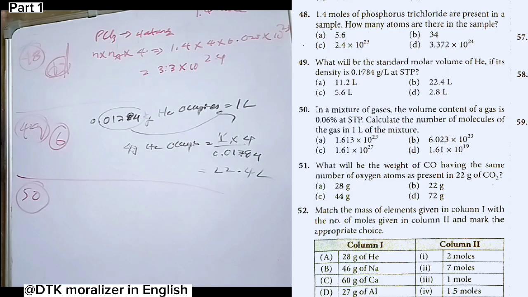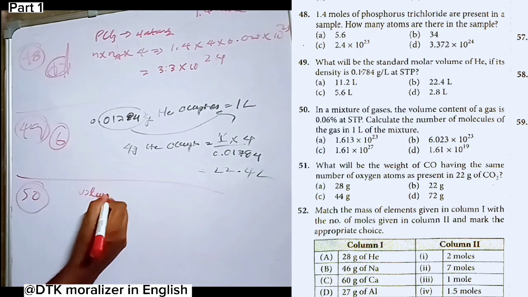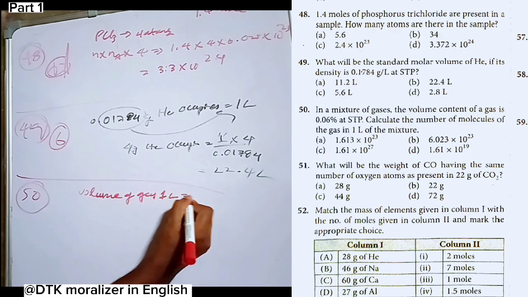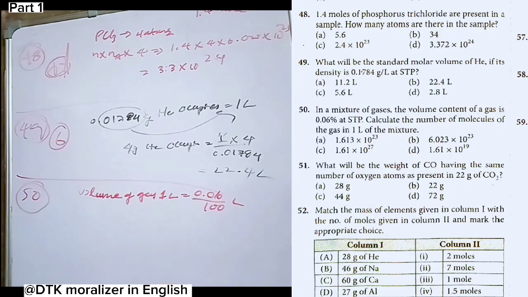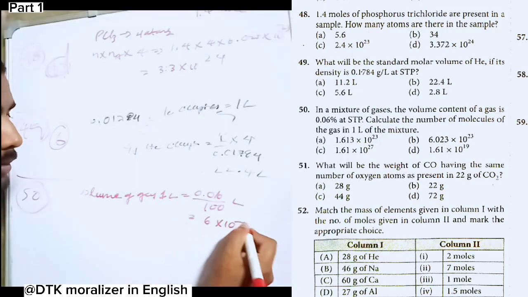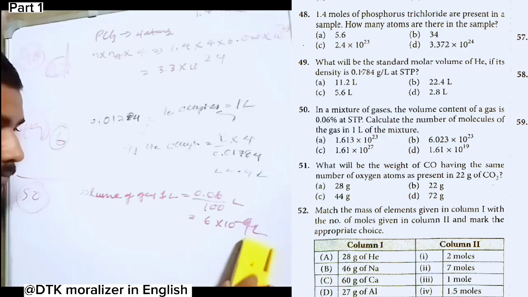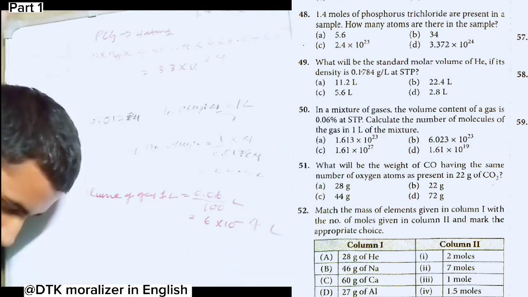Now question number 50. In a mixture of gases, the volume content of a gas is 0.06 percentage at STP. Calculate the number of molecules of the gas in 1 liter of the mixture. Here volume of gas in 1 liter is equal to 0.06 by 100, which is 6 into 10 power minus 4 liter.